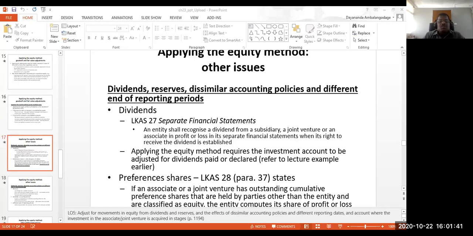You get the investment in associate and joint venture, but we are not crediting this to profit and loss. We are crediting the share of other comprehensive income. And once you record it in other comprehensive income, you put the reverse entry: you debit the share of other comprehensive income and credit the asset revaluation. So automatically these two journal entries write off.